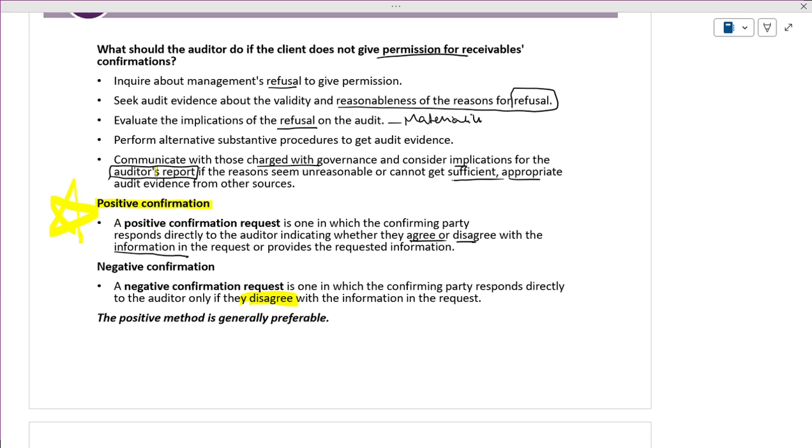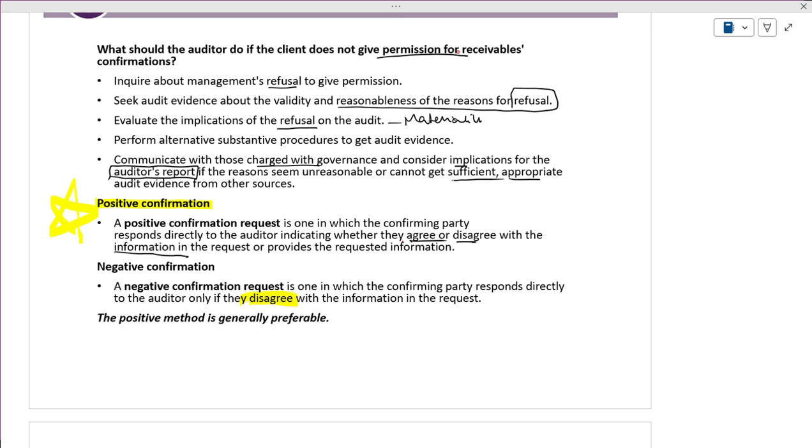In the first case, they will say they agree or they will say they disagree. In negative confirmation, they will only respond if they disagree with the information in the request.